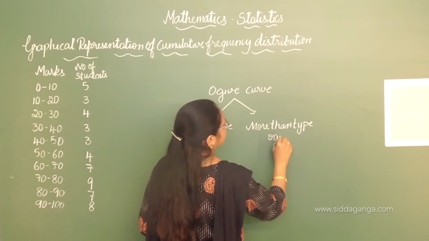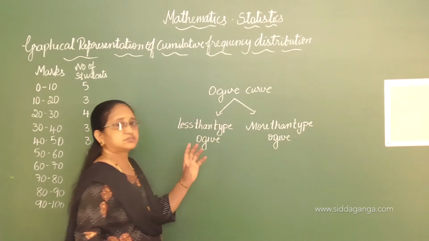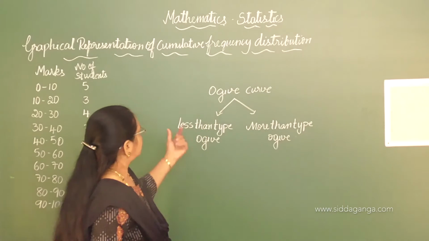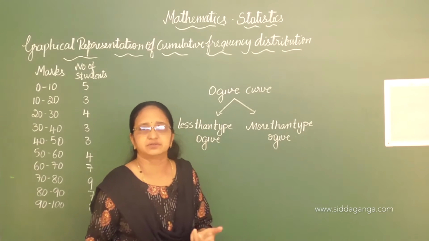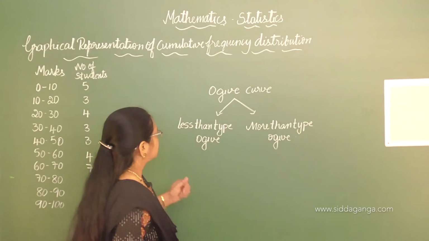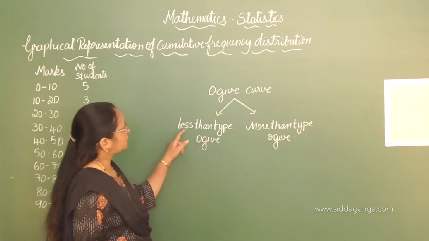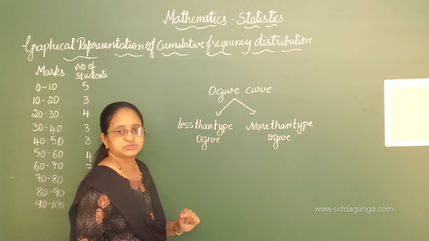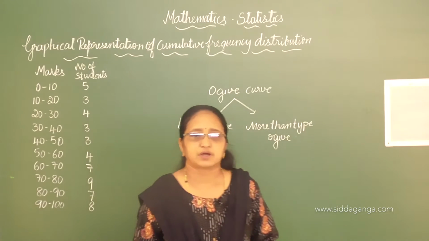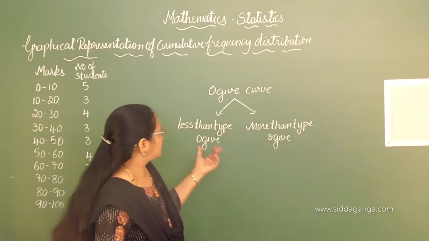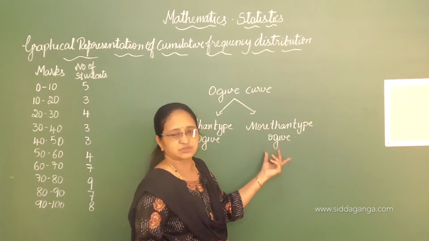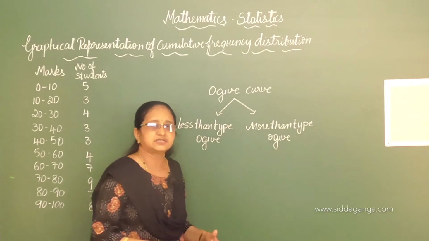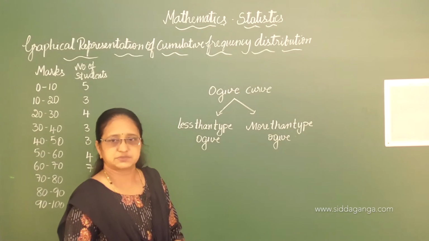There is also a third one, where combining these two we can draw the graph and find out the median. Okay, so now let us see how we can draw the less than type of ogive. Today I am going to show how we can draw the less than type ogive graph, the more than type ogive graph, and the combination of it. Then in the next class we will move on to the exercise problems.